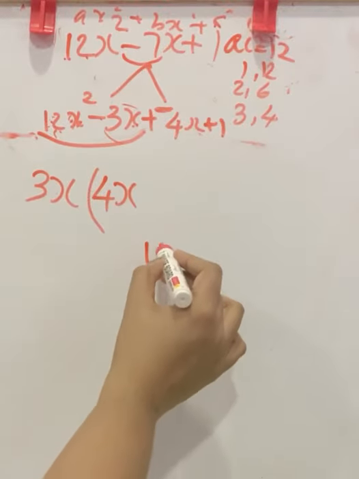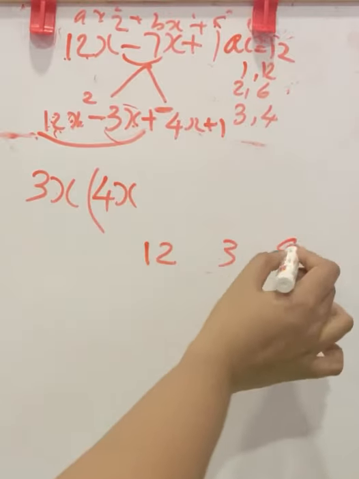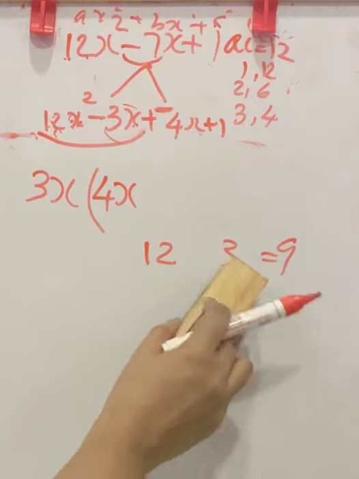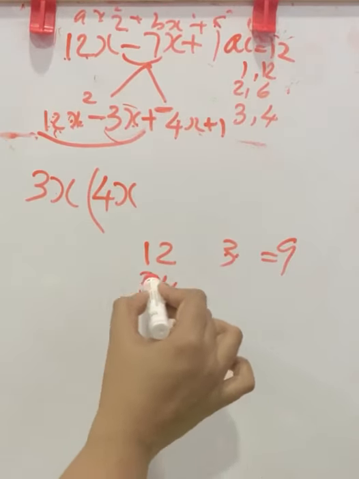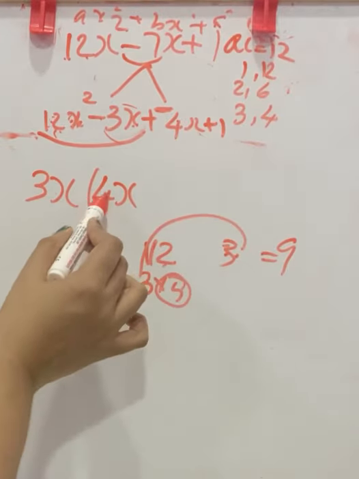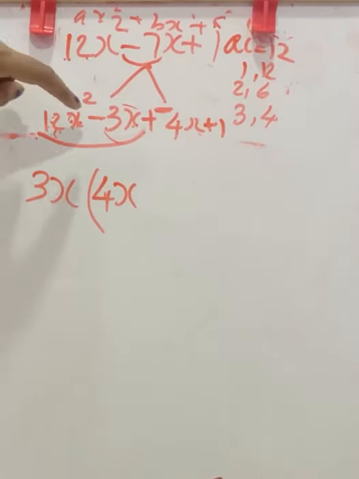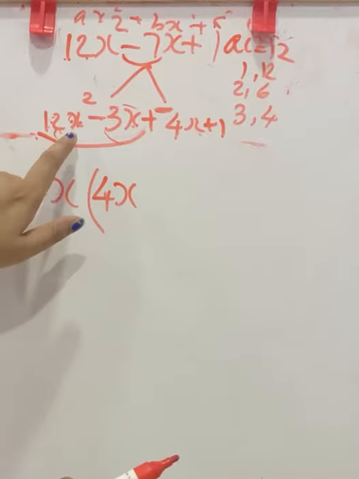Here, when you are taking 3 from 12, don't write the answer 9 because we are not talking about subtraction. We are taking this 3 as the factor. So, if 3 is taken outside from this 12, balance will be this 4. That is 4 written here. So from 12x square, while 3x is taken outside, 4x will be remaining.